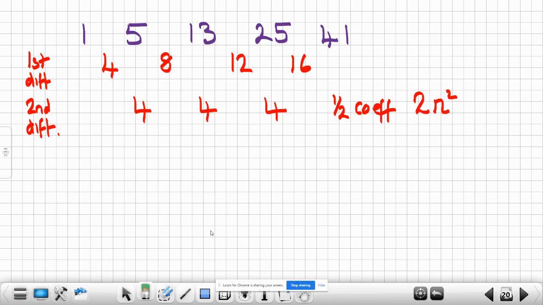So I'm going to change colour. 2n squared would give us, well, if n is 1, that's just going to be 1, so it's going to be 2. If n is 2, n squared is 4, times 2 is 8. 3 squared is 9, double it up and you get 18. 4 squared is 16, double it up, you get 32.